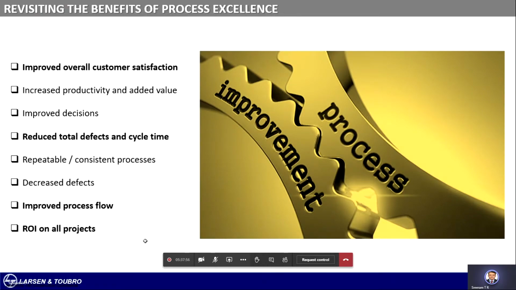Then improved process flow, so the work is not getting stagnant somewhere in the flow, and that is exactly why we are doing value stream and process map separately. And last but not the least, we have to show the ROI on all projects. We make sure that these projects give some benefits and are aligned with the overall objectives that you have identified.